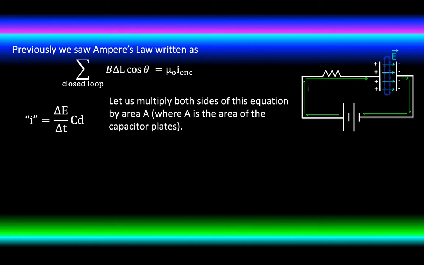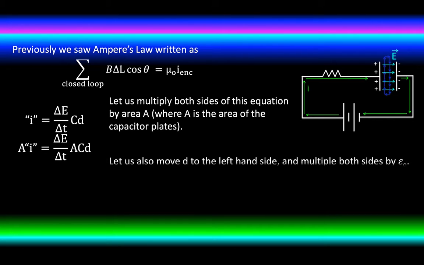Now, it's not obvious why this is going to be useful, but there's no rule that says we can't do this. Let's multiply both sides of this equation by A. A is the area of the capacitor plates. If I do something to one side, I have to do it to the other, so I'm going to do that. Okay, I will get something like this.